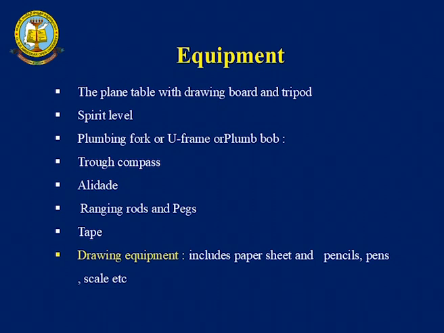The alidade is used to sight the object from the station, and ranging rods or pegs are used for the object. To measure the distance, a chain or a tape is needed. The other drawing equipment includes paper sheet, pencil, pens and scale. These are the important equipment in the plane table survey.